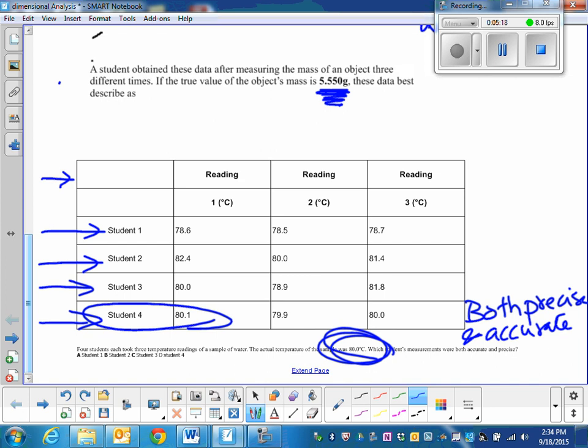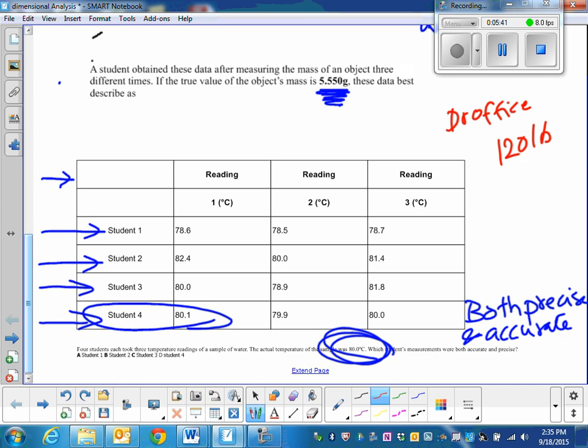Do you want to do one more? All right. So let me make up a number here. I'm massing myself on a scale. Say I take my mass and first I go to the doctor's office. At the doctor's office, it says my mass should be 120 pounds.